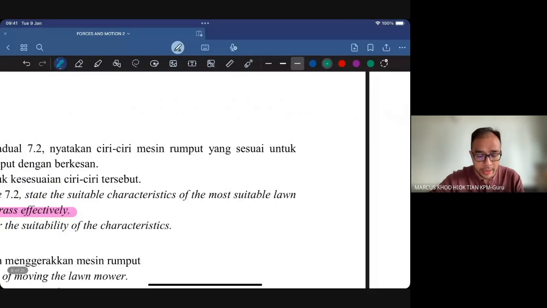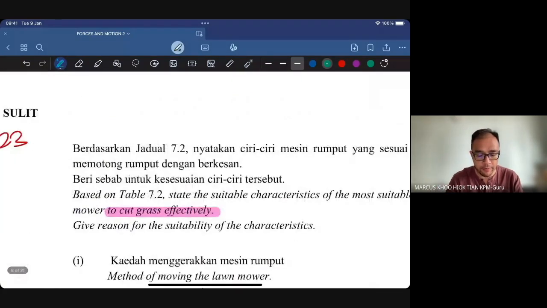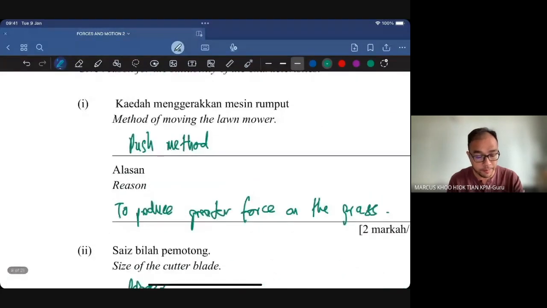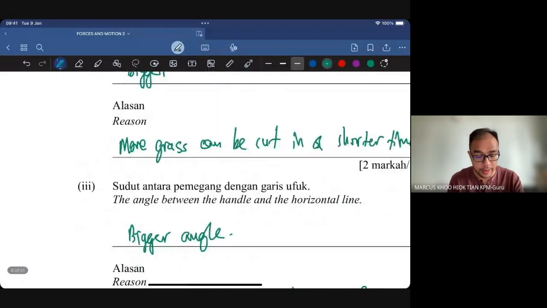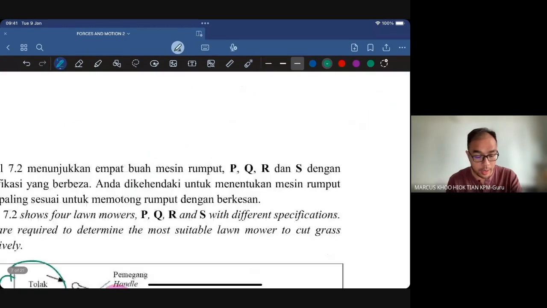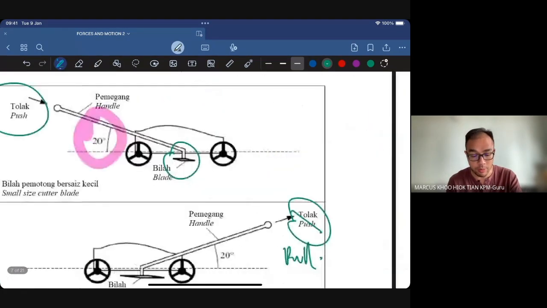Okay. I think that I forgot to write the D question. Sorry, I think I didn't photostat this. Which lawn mower is the most suitable?